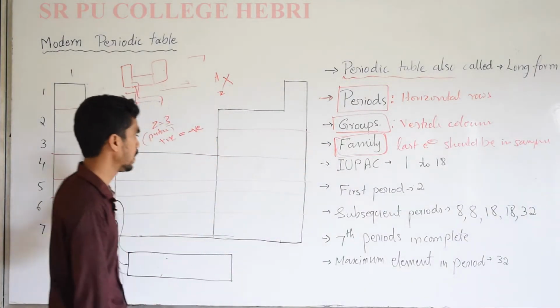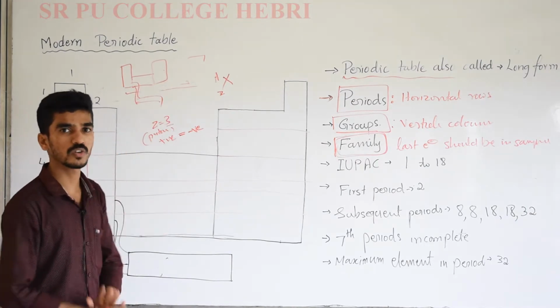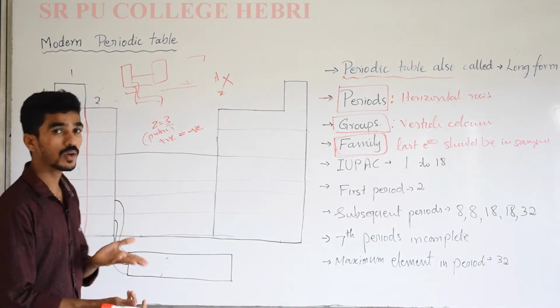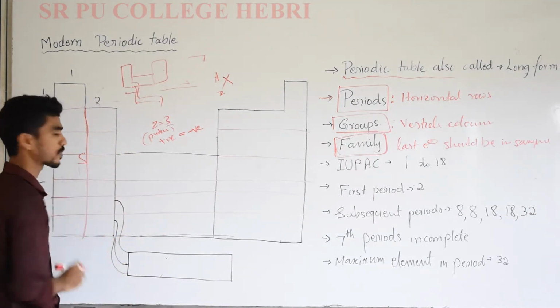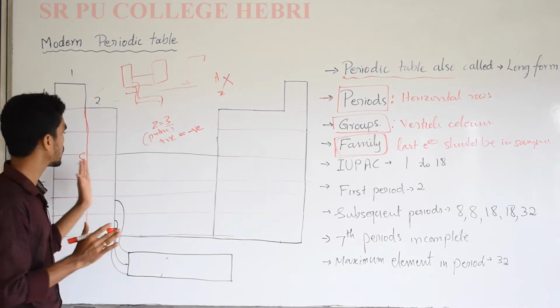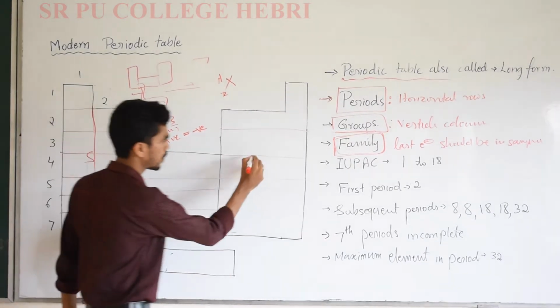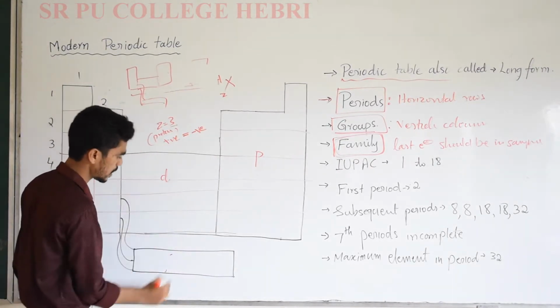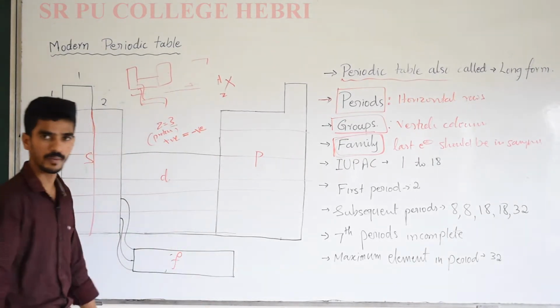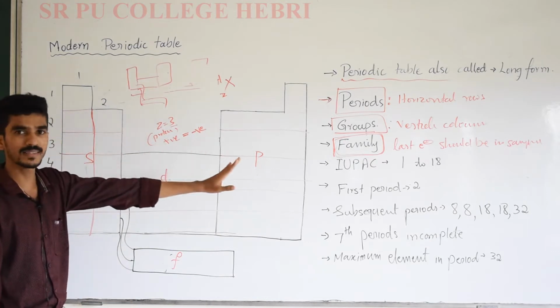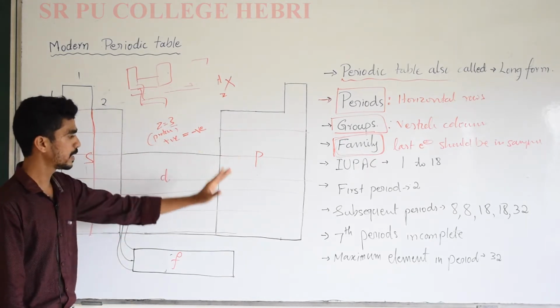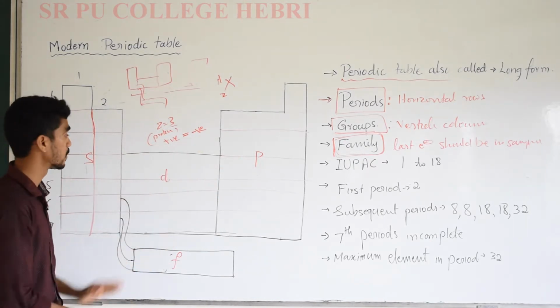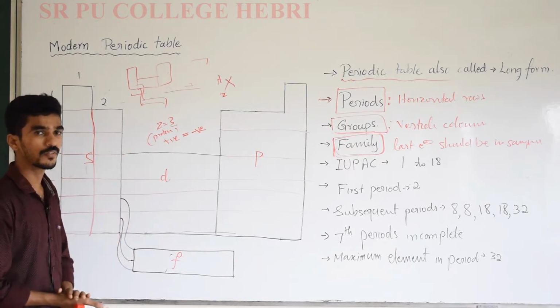There are four kinds of families: the S family, then the P family, the D family, and the last one, the F family. There are four families, S, P, D, F, in a regular manner.